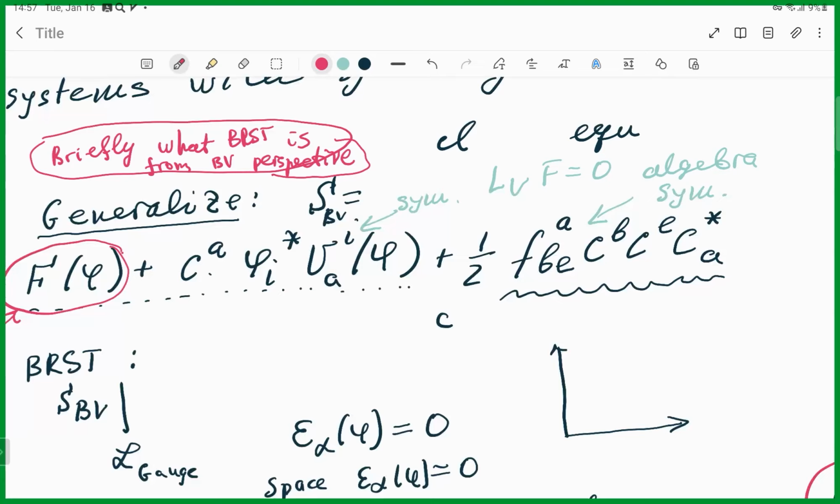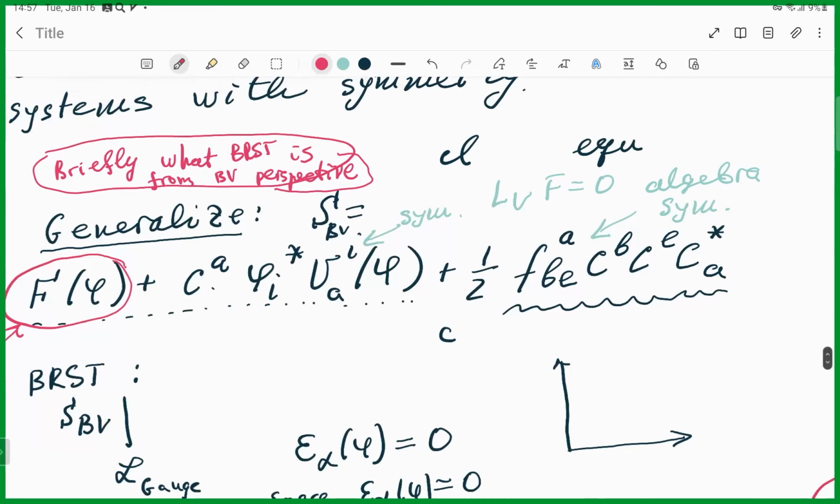But at the moment, you see, I want to show you the formula. I mean this formula that corresponds to classical symmetry, to classical treatment of symmetry.